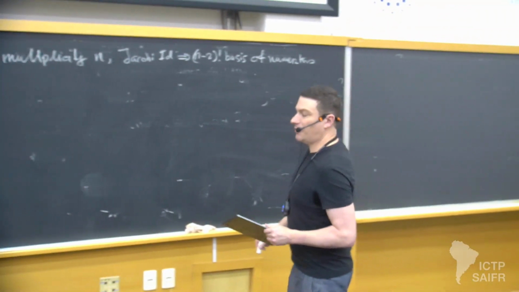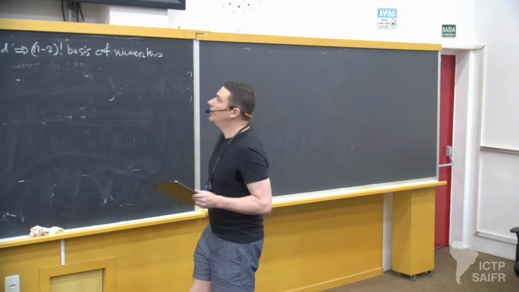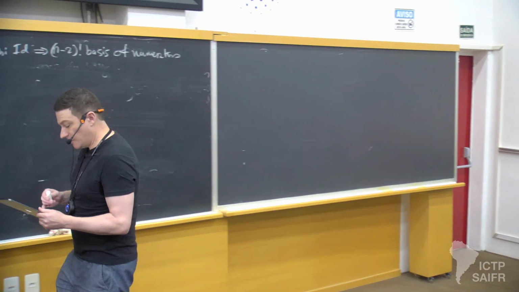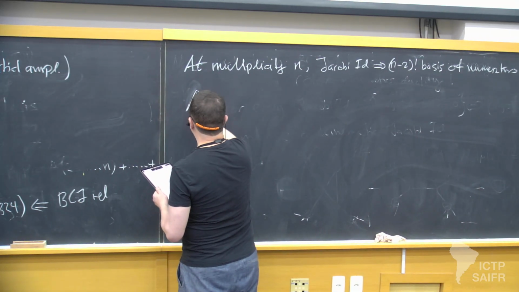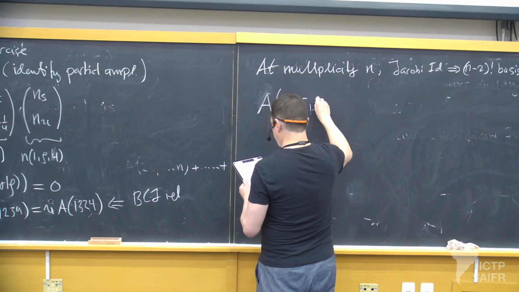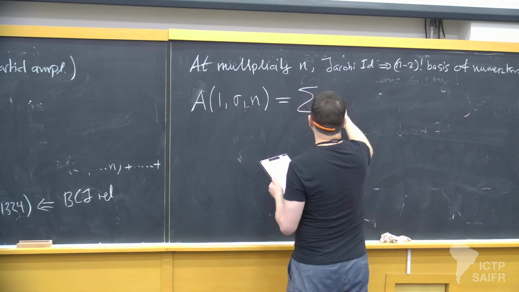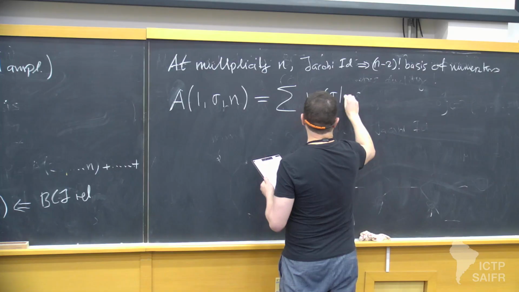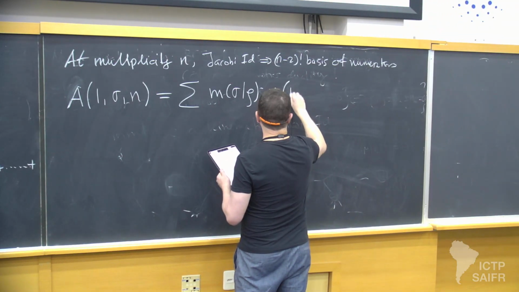And so we've just imposed the same algebraic relations for the numerators. Of course, you have to go to the same basis. And then we can write our partial amplitude as follows. M sigma rho n 1.